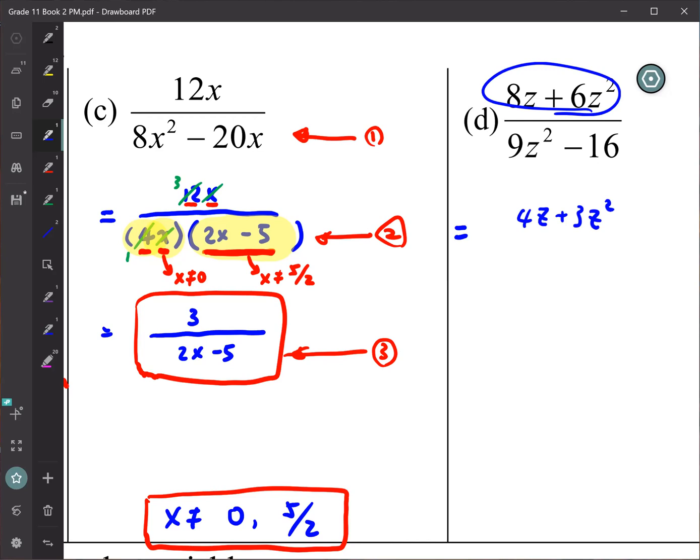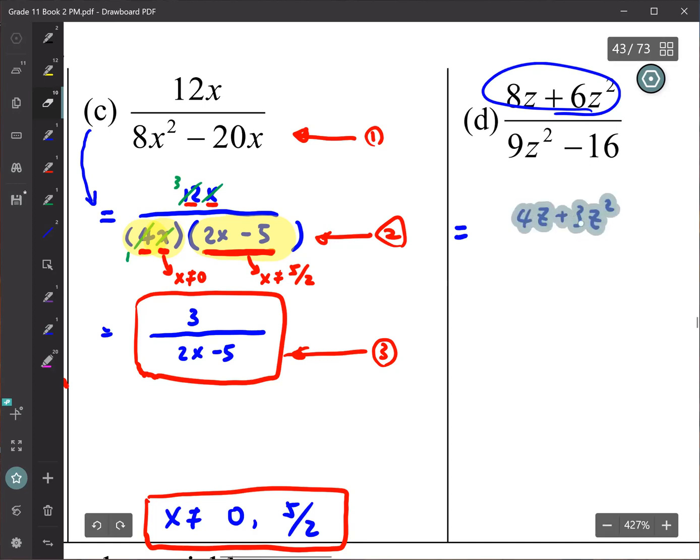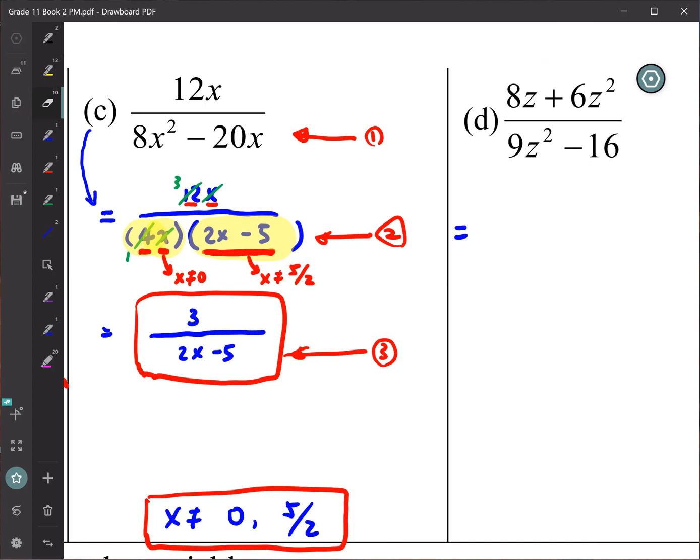Okay, think about what we did in question C. How do we go from the question to the next line? What did we do? Factor. Yes. Okay, that's a keyword. Because you can only reduce the factors.